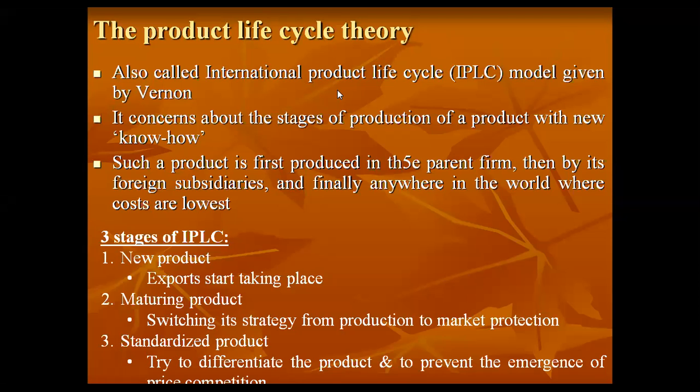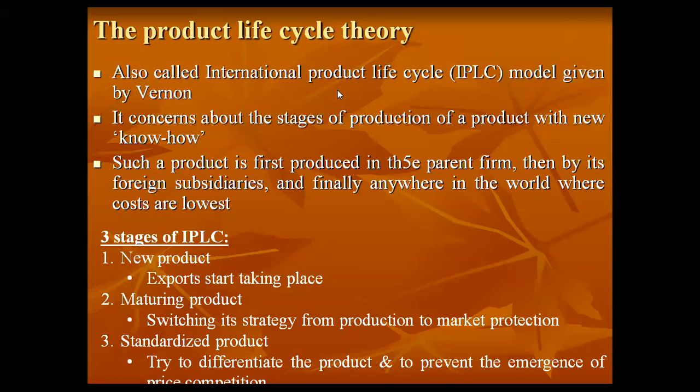Because of that reason, to standardize the product, to survive in the business or in the market. So this factor further reduces the cost of production per unit and increases the competition based on cost.